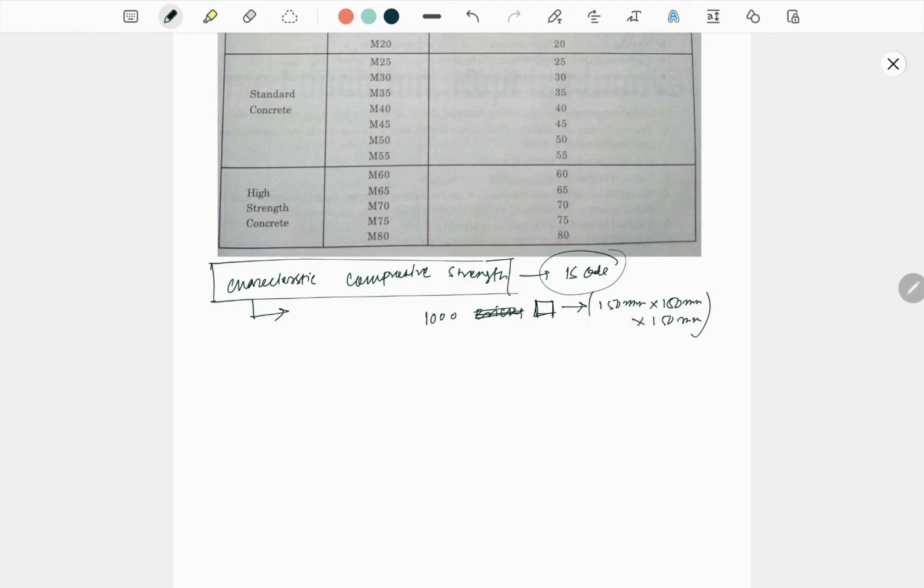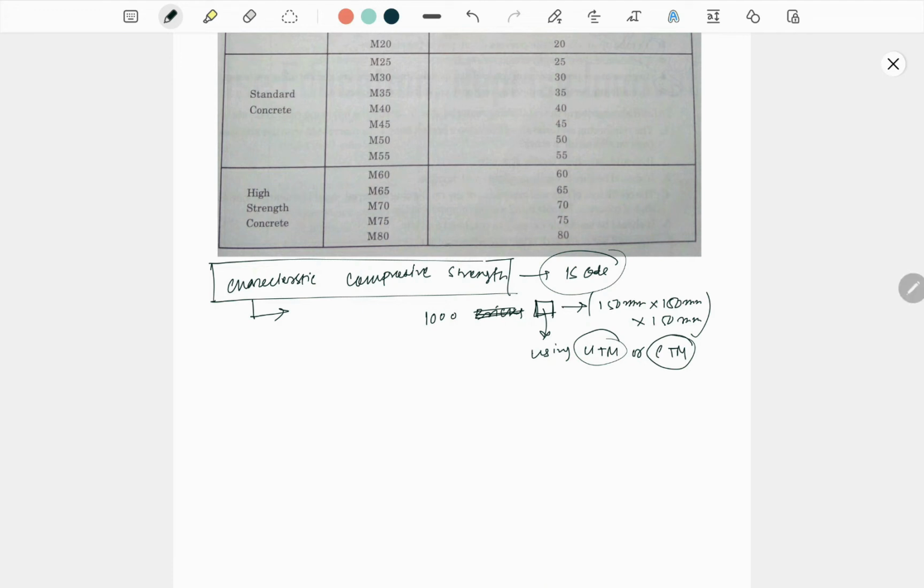After taking the cube, you find out the compressive strength, not characteristic, only compressive strength, using UTM or CTM. UTM stands for universal testing machine, and CTM stands for compression testing machine.